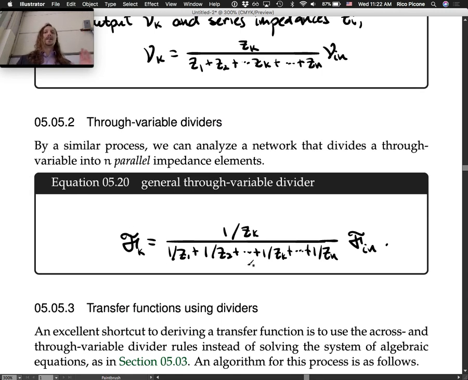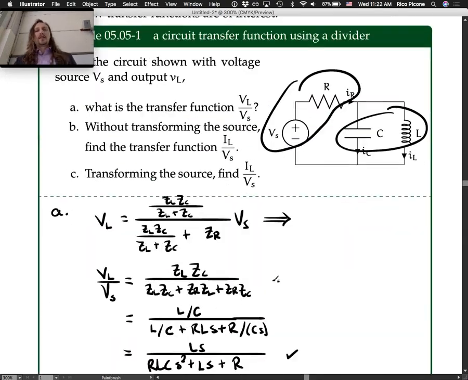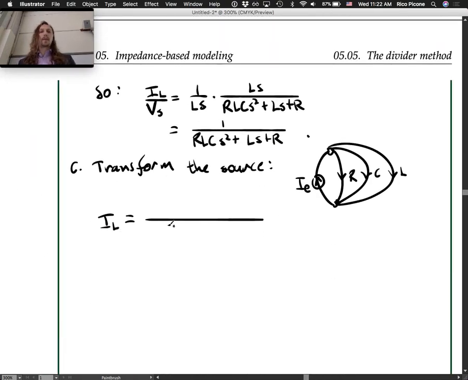So IL equals, and then we've got our impedances. So it's 1 over ZL divided by 1 over ZL plus 1 over ZC plus 1 over ZR. And all of that is multiplied by the in current, which is IE.